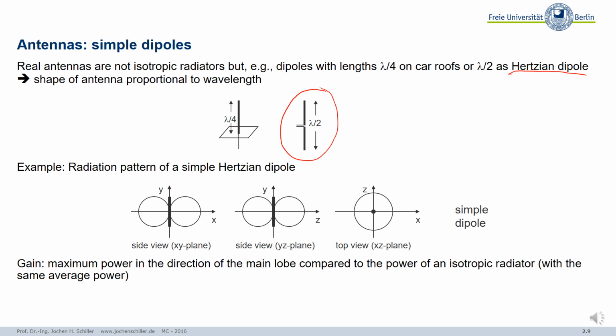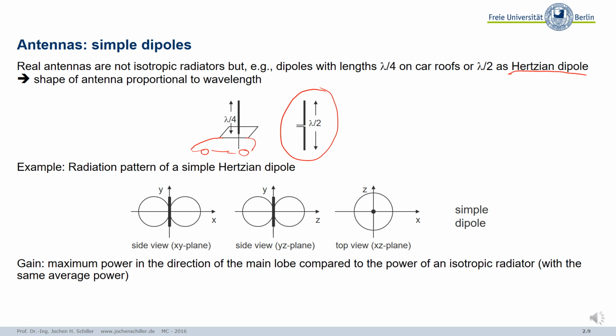Plus today you have a lot of electronic help for the antennas, but that's just the basic design of a so-called Hertzian dipole or dipole with lambda fourth. That's what you see on the roof of a car, for example. If you have a car, you see quite often these short antennas somewhere. These are lambda fourth antennas.